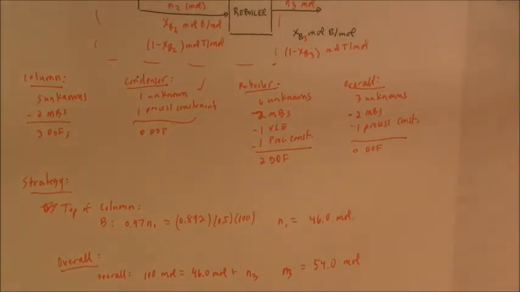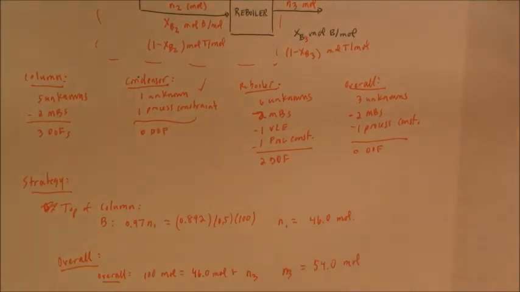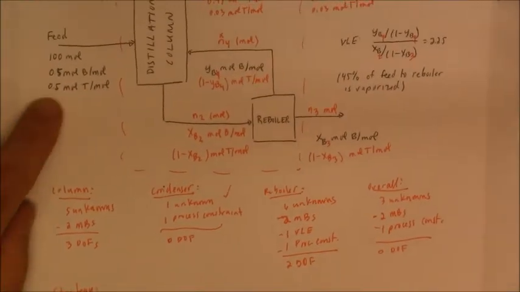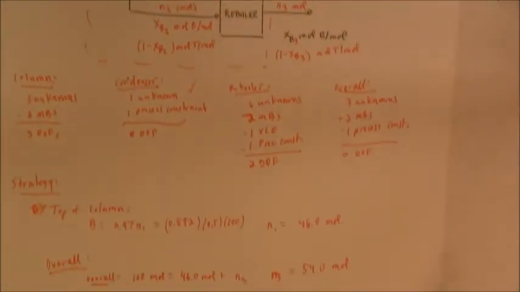Good. I have solved for now N3, so that means now I should be able to do a balance on either benzene or toluene to solve for XB3. So because it's given in terms of benzene, I will then do a balance on benzene. So now my balance on benzene is the benzene entering is 50 moles. So we have 50% of 100 is 50 moles.